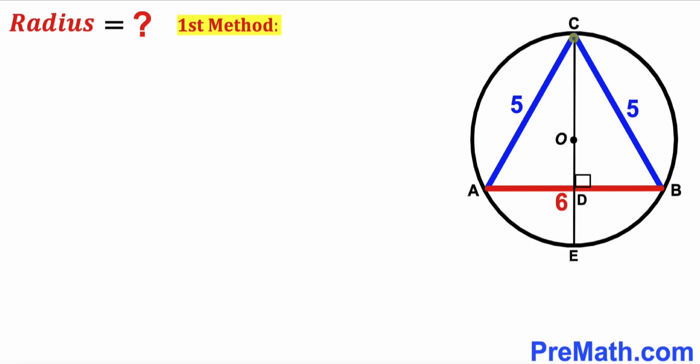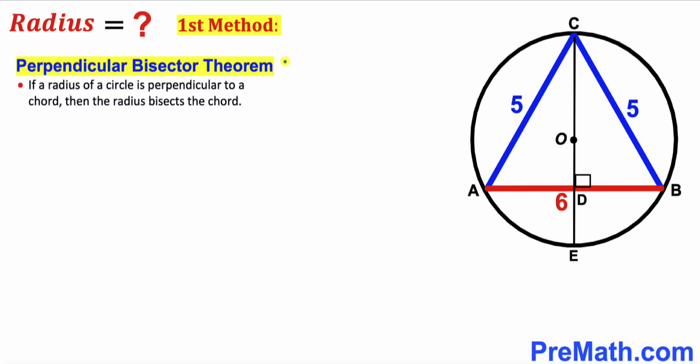Here I have drawn this diameter CE that is perpendicular to this chord AB. Now let's recall the perpendicular bisector theorem. According to this theorem, if a radius of the circle is perpendicular to the chord, then the radius bisects the chord.